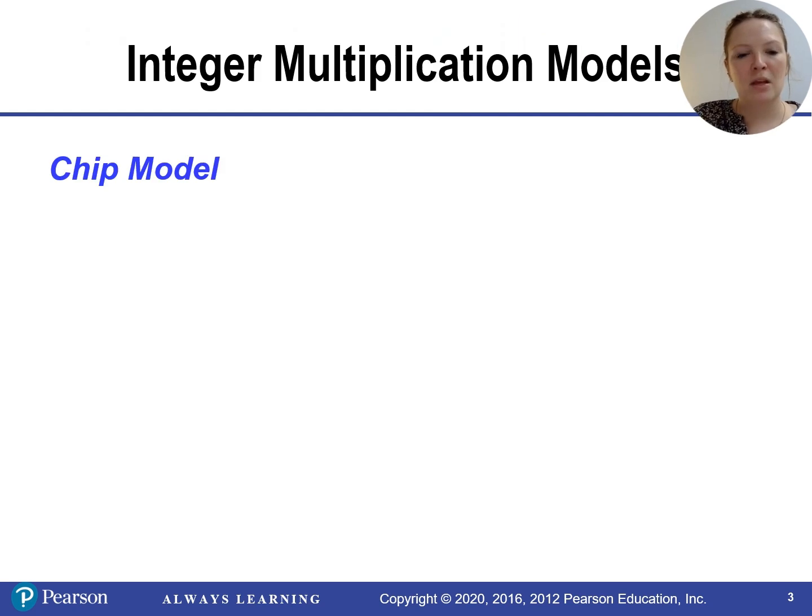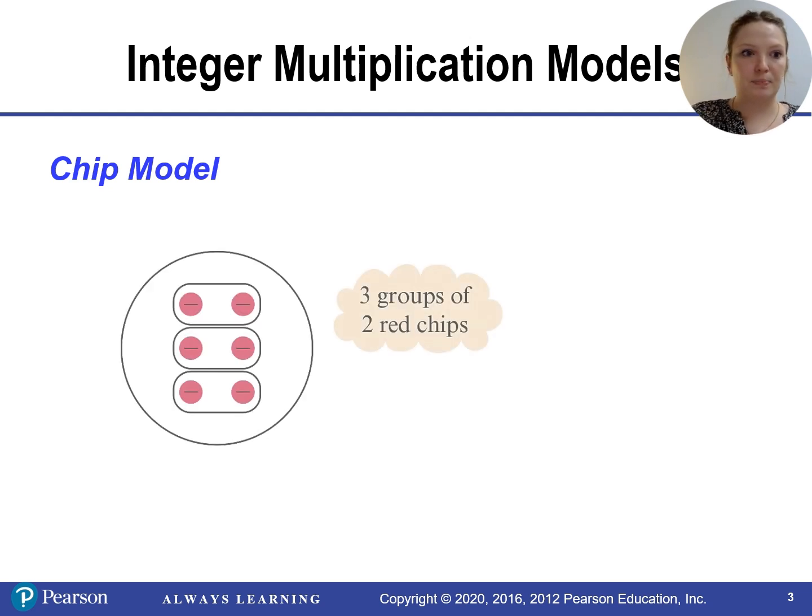So one thing that might help us recall when we come to the integers is a chip model to help us understand negatives and positives. So we could use a chip model where there are 6 red chips and see that there are 3 groups of 2 red chips.